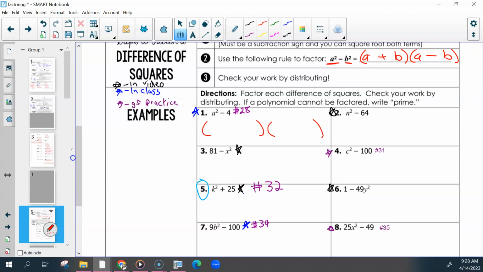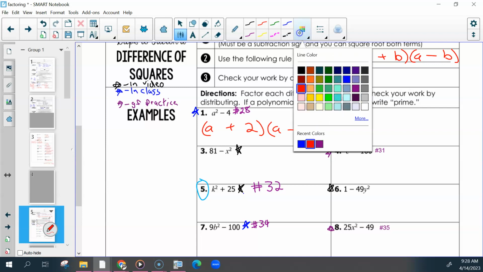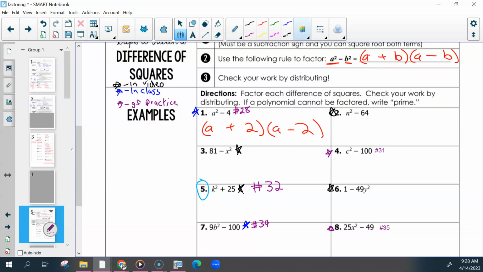So for number 1, we're going to have two factors. What times what will give us a squared? A times a, so a is first in both. What times what will give us 4? 2. And then put a plus and a minus. And that's it. And if we were to distribute it back out, I'll do this for this one, but not for the others.